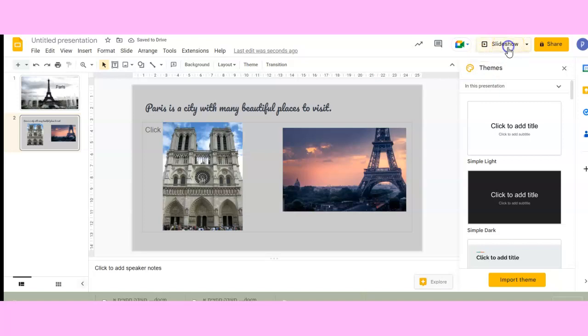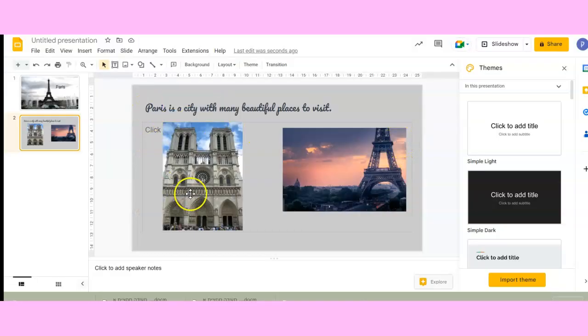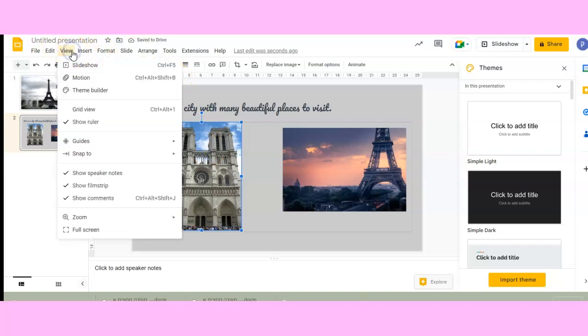Let's see, slideshow. How does it look? Wow, looks perfect. You will also want to play with some animation, okay? Probably you want your pictures just to move or to appear somehow.